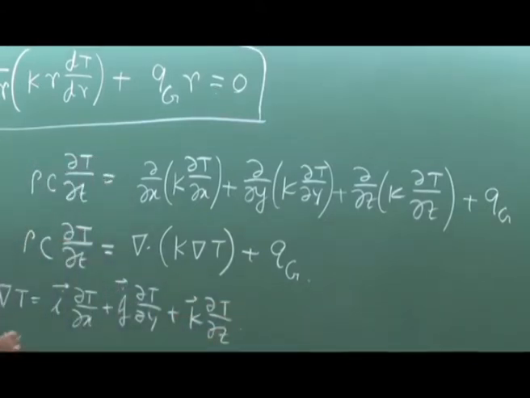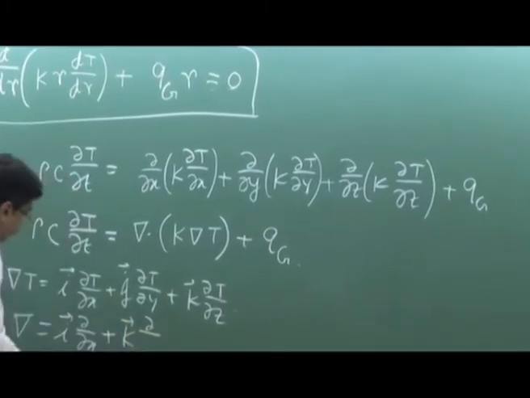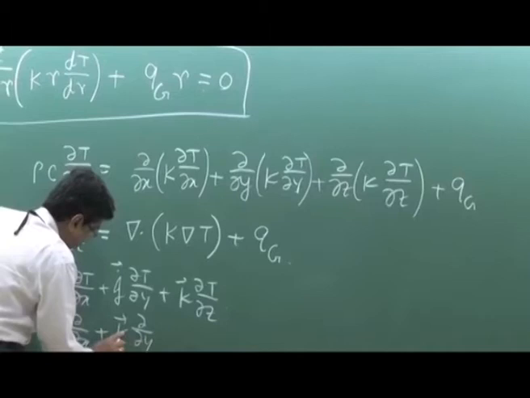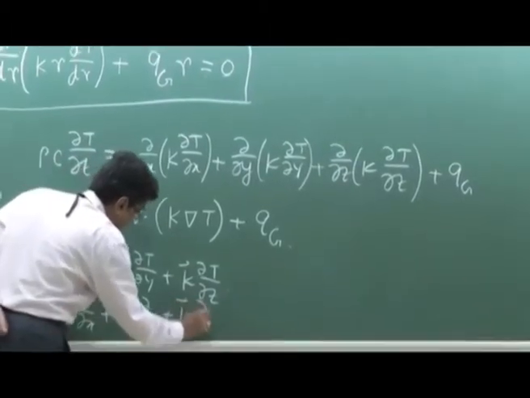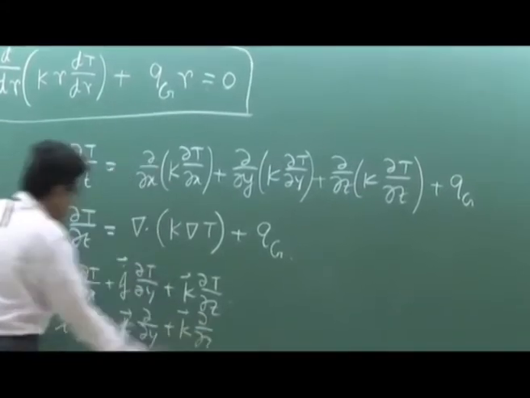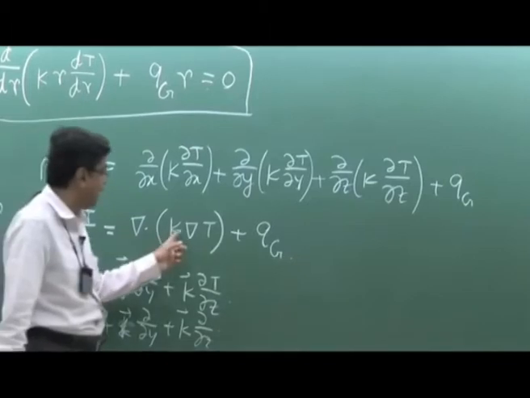And divergence is a vector operator which is i del del x plus j del del y plus k del del z. This is again a recapitulation of your school level thing. And if you make this scalar product with this operator and k grad T, you get this.